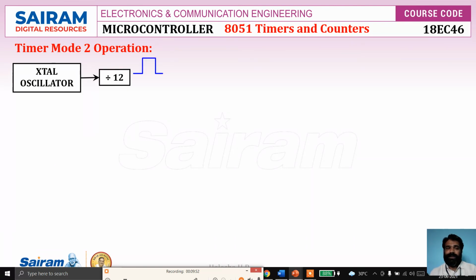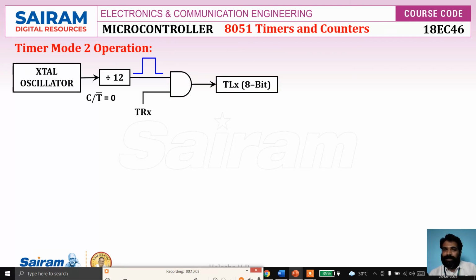Here also pulses are derived from the divided by 12 circuit, which is connected to an AND gate, and the other input is TRX, and this pulse is applied to TLX. That means TLX is used as an 8-bit timer or counter, and THX is used to hold the initial value. So a copy of the initial value is copied to TLX.